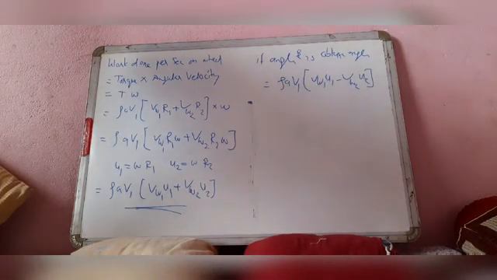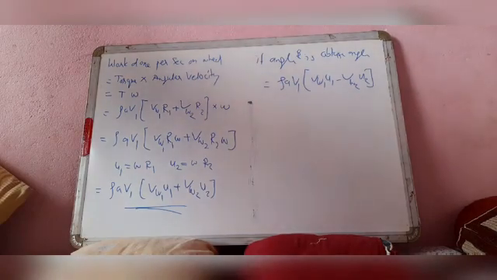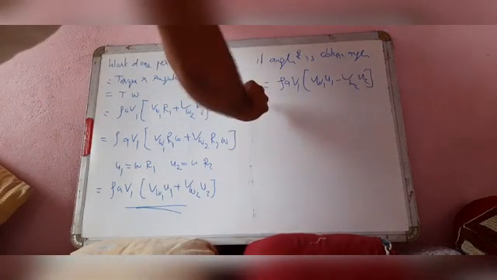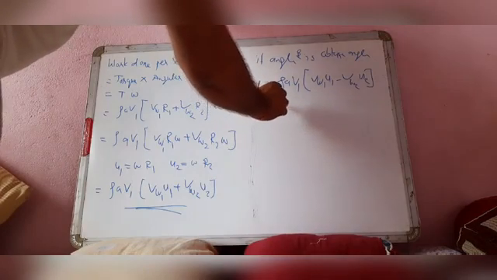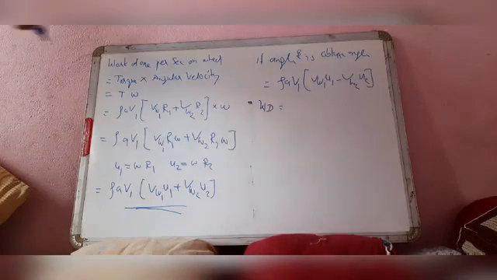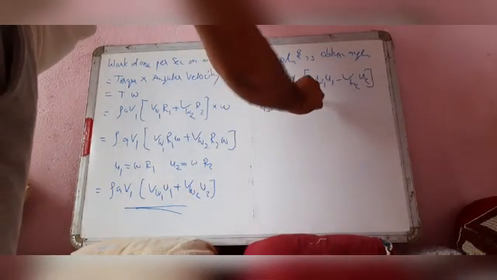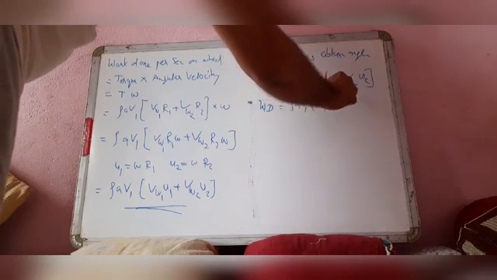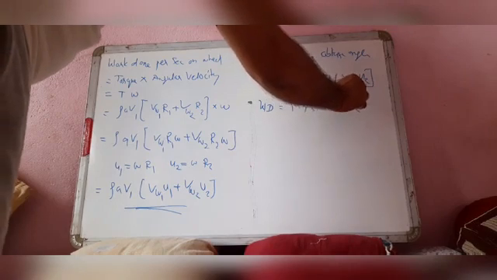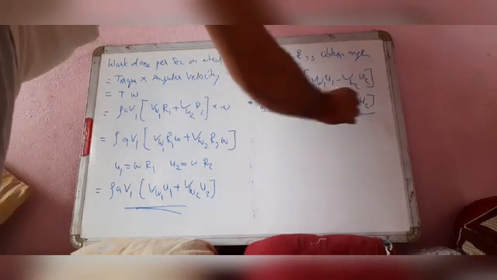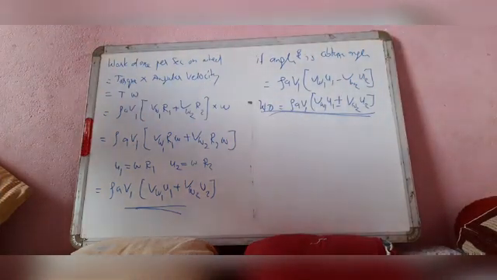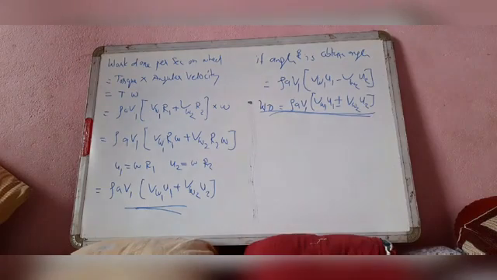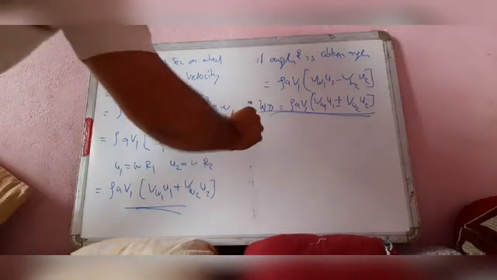So the general expression of work done per second on the wheel is rho A V1 (V W1 U1 plus or minus V W2 U2).